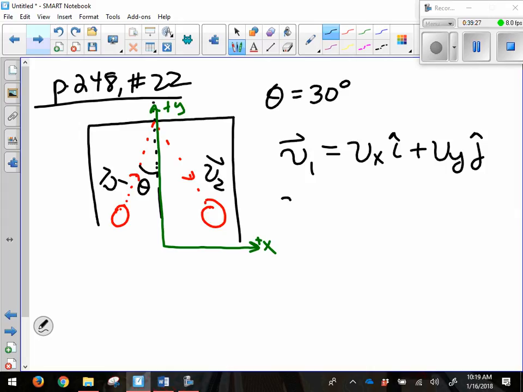And if my V2 is after the bounce, how do I write that? Well, it says that it has the same x, and I know exactly what the y is, so it's negative Vy times j.